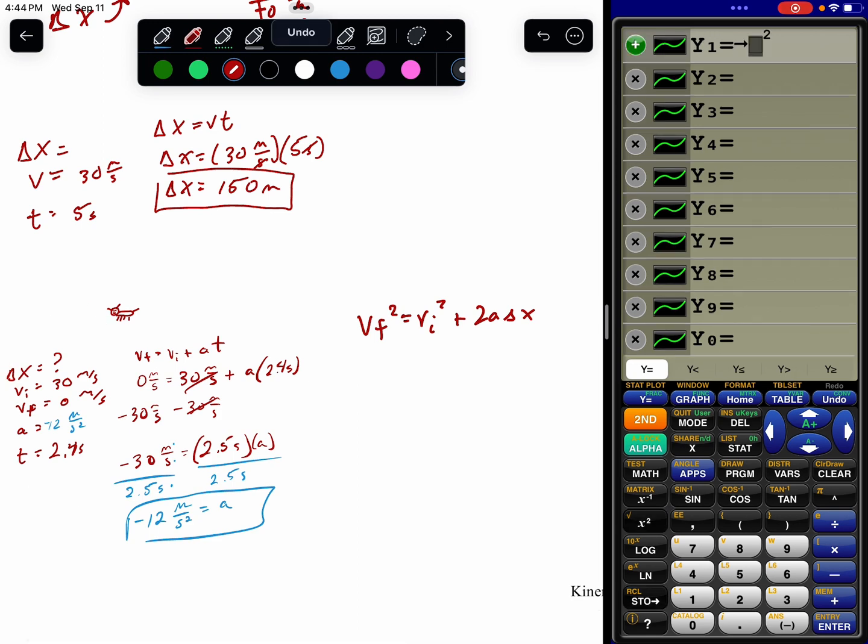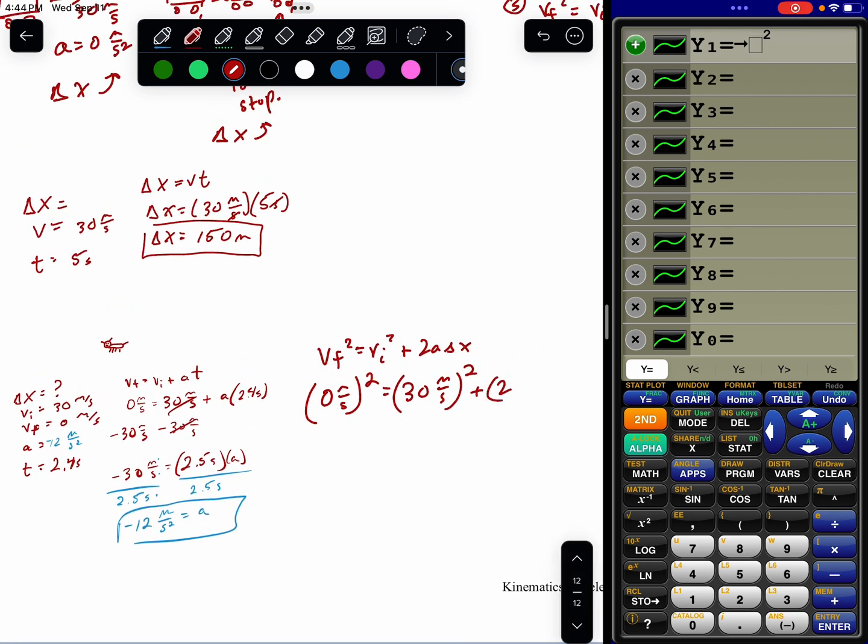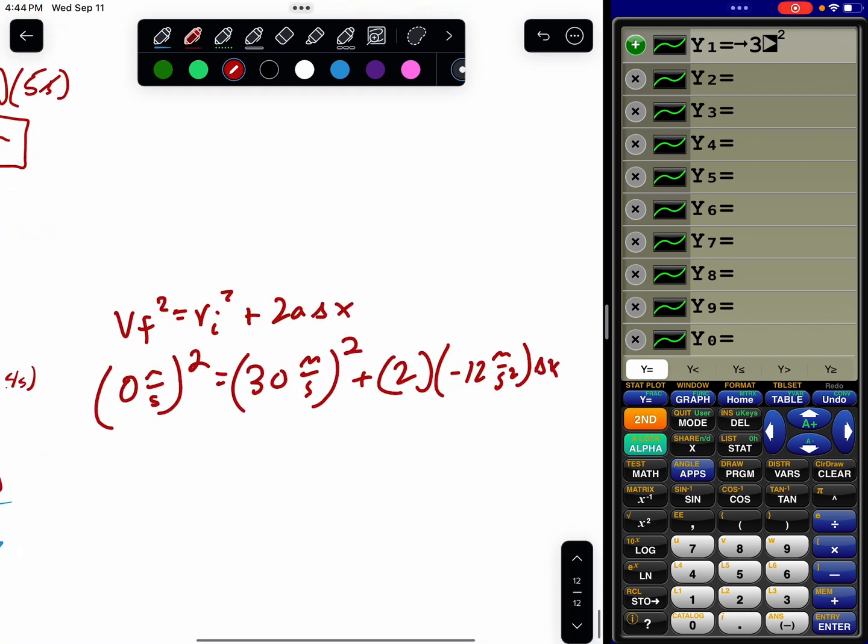So let's plug in. V final is going to be 0 meters per second, all of that squared. V initial is going to be the 30 meters per second squared, and we're going to take 2 times acceleration. We just got that, the negative 12 meters per second squared, times delta x.